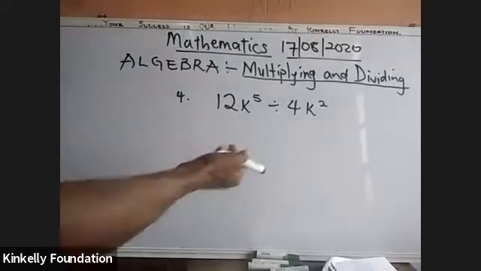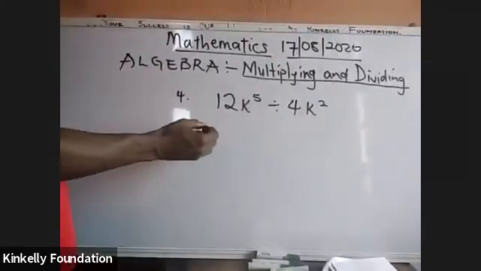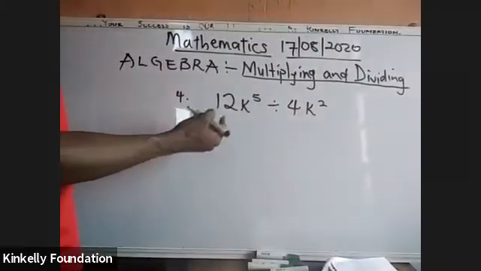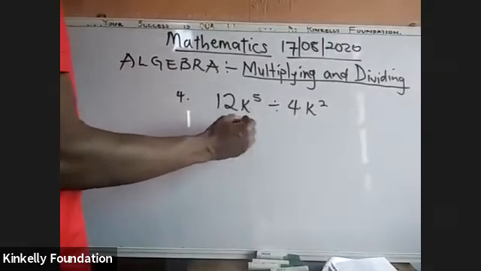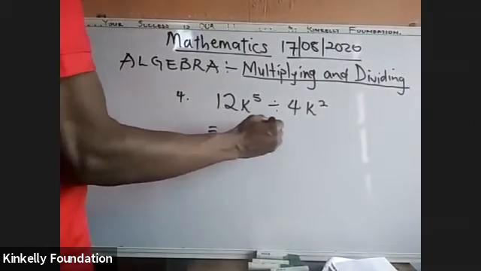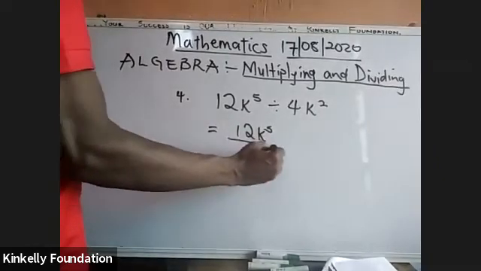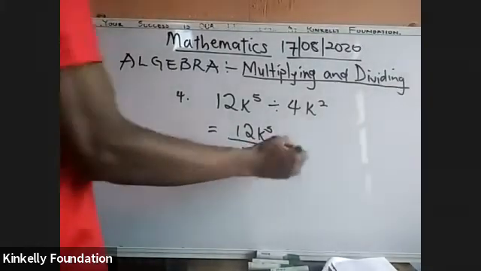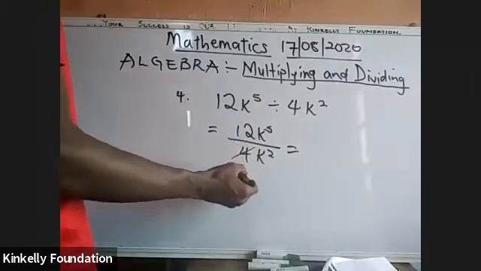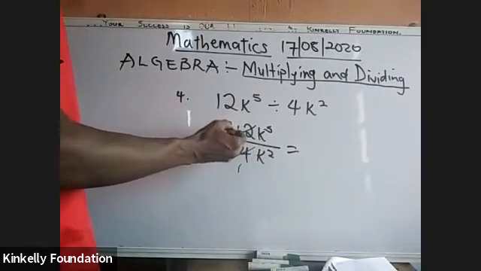If you have something like this, this is the numerator 12k raised to the power 5 all over 4k raised to the power 2. Now, you can easily divide 12 by 4 to give us 3 here.